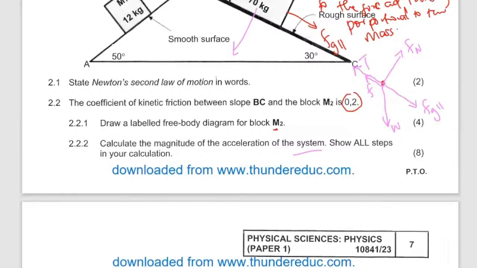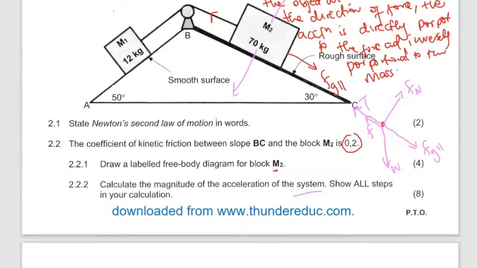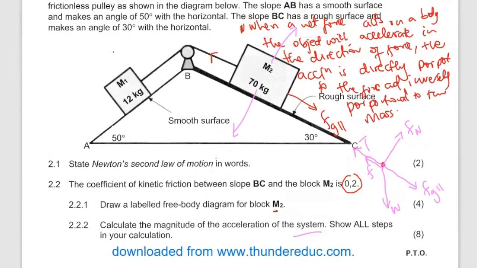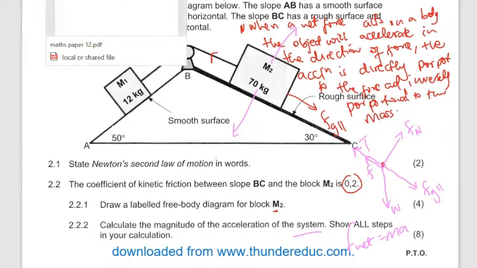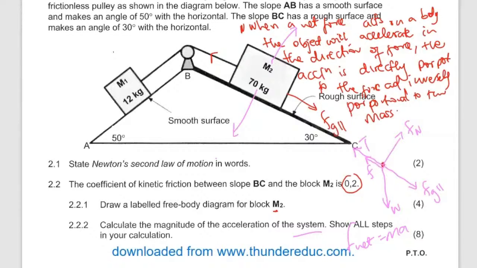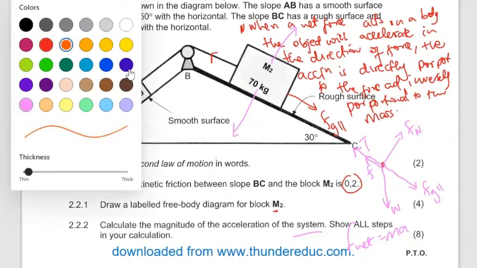For us to get the acceleration of the system, we either look at the two combined bodies at once, which gives us the option of eliminating the tension, or we just use the second law, F net is equal to MA, to get our net force and then the acceleration.